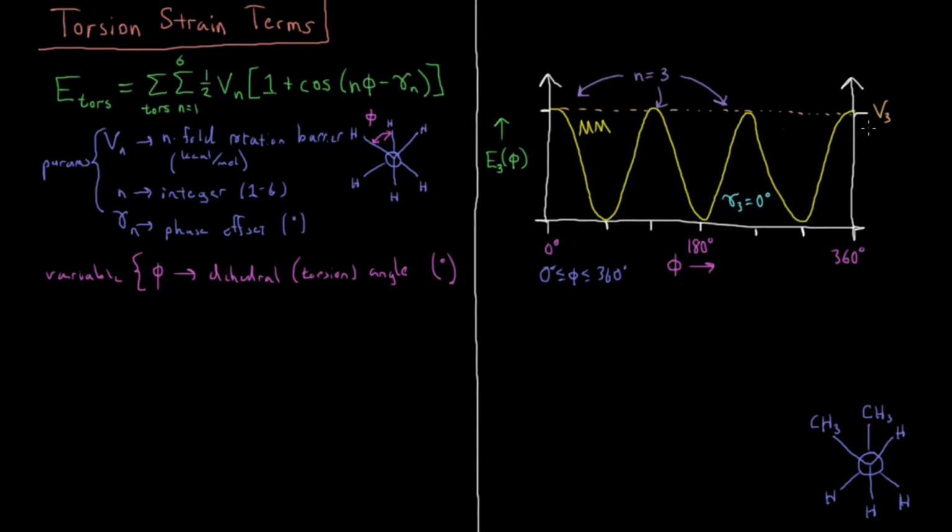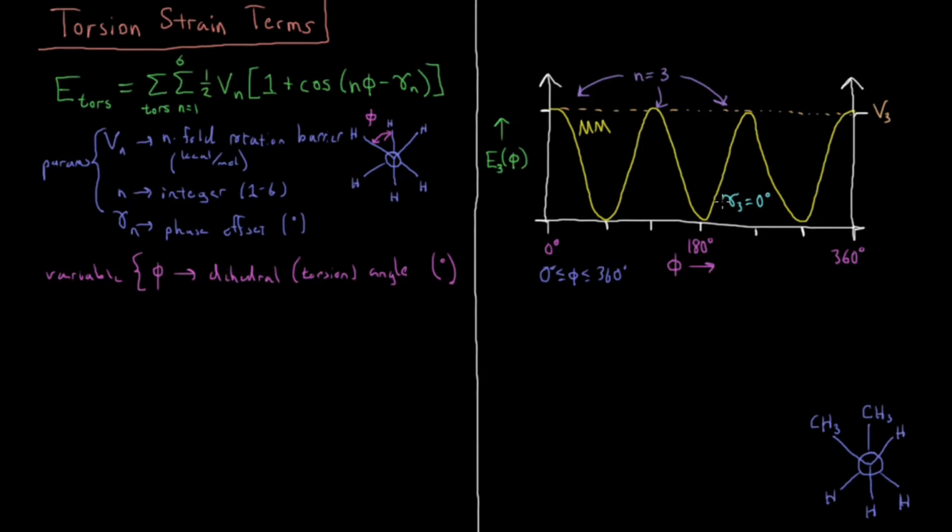So we have our potential starts at 0 degrees up at Vn, and then it goes down at 60 degrees, where it's a minimum, where the molecule is staggered. Then they're up and they're eclipsed again at 120 degrees, staggered at 180, eclipsed at 240, staggered at 300, and 360 is back around to 0 again. This potential is fully periodic there.